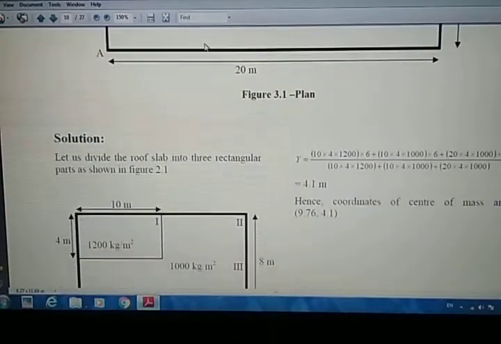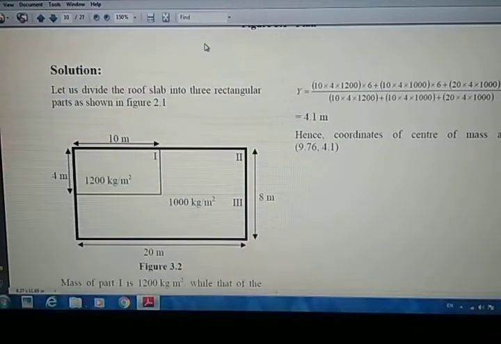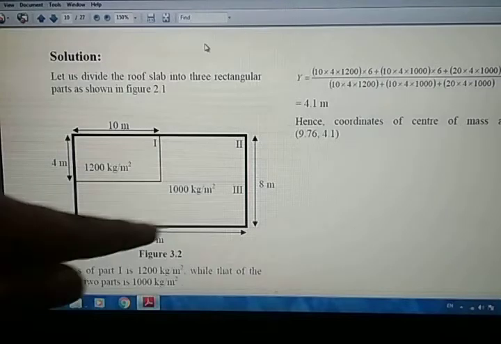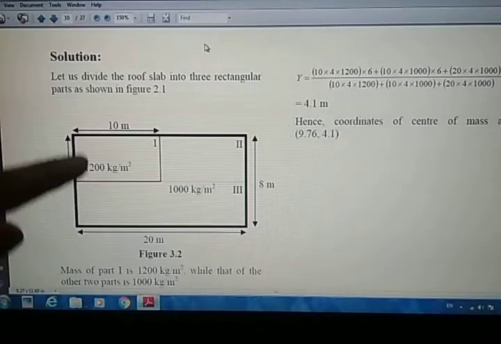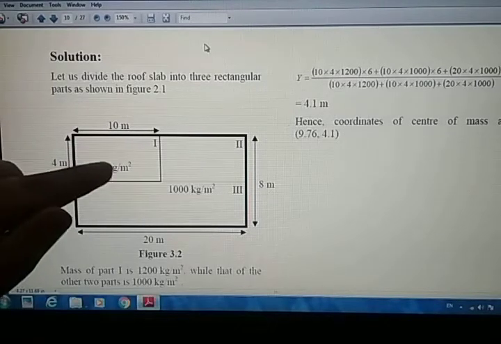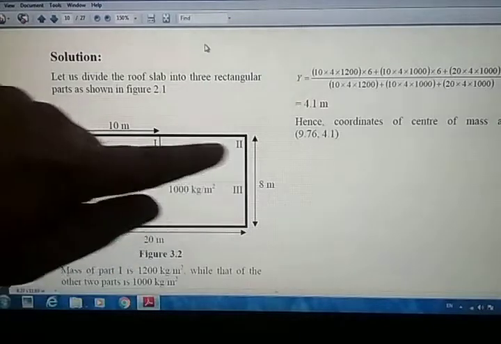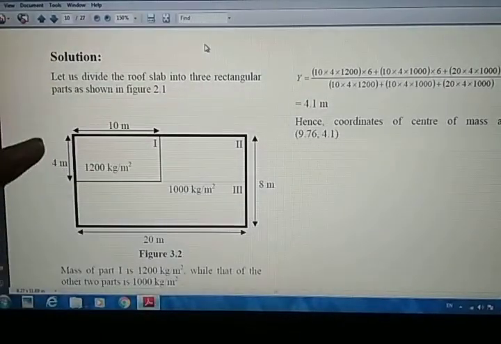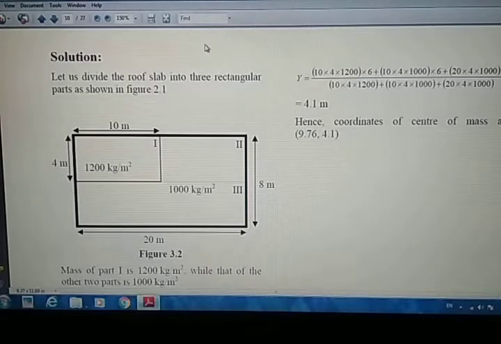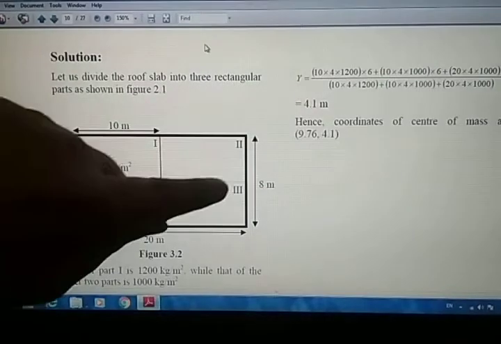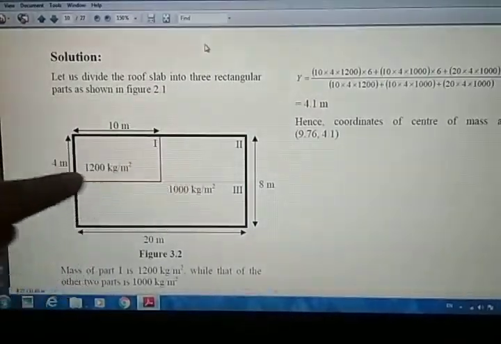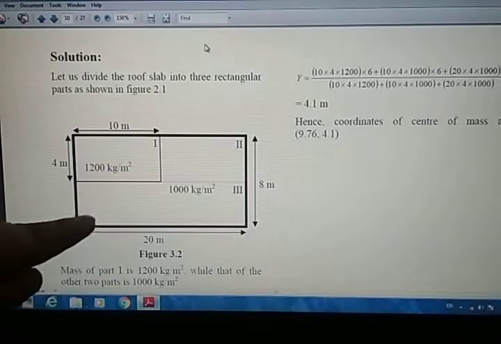What will we do? Let us assume we convert this slab into three parts due to the similarity of the sections. This is the first part, and the remaining we assume as the second part. We convert this overall section into three equal parts because of the symmetry. First part is there, the second part we assume here, and another remaining part is this rectangular portion.